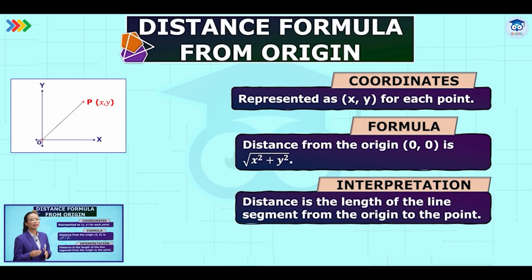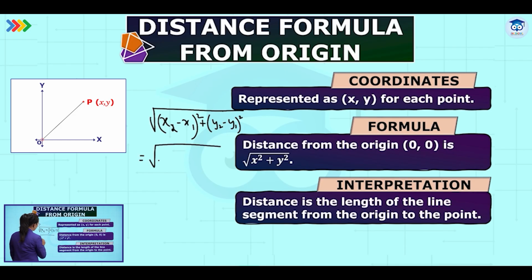Next, using this distance formula, we can find the distance from the origin. When we find the distance from the origin, the first coordinate (x1, y1) becomes 0. So in the formula (x2 minus x1) squared plus (y2 minus y1) the whole squared, this becomes x2 squared plus y2 squared only, because this term becomes 0. This is gone, this is gone.